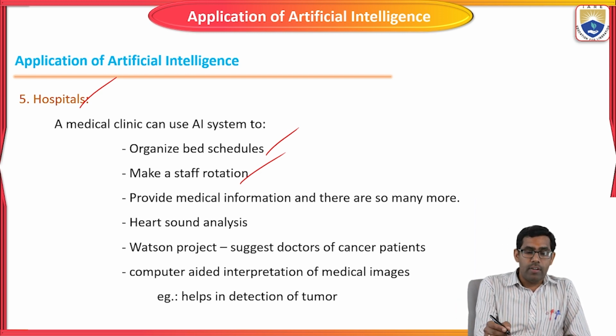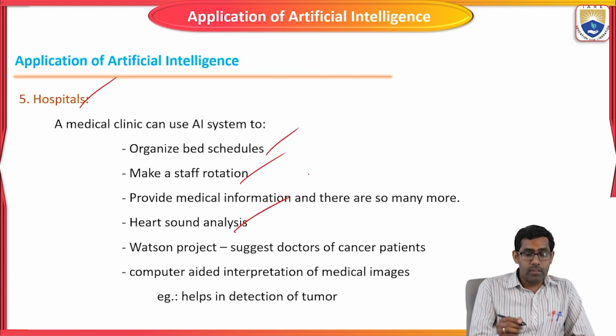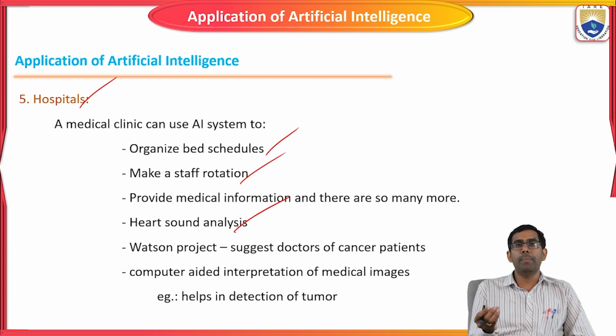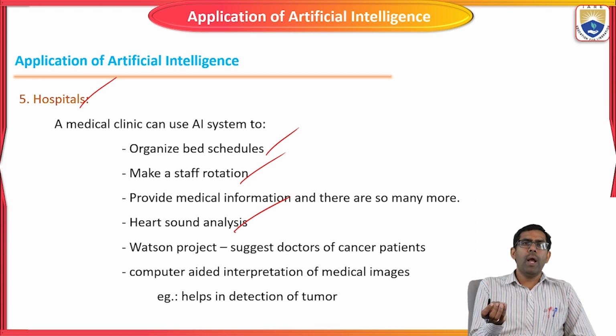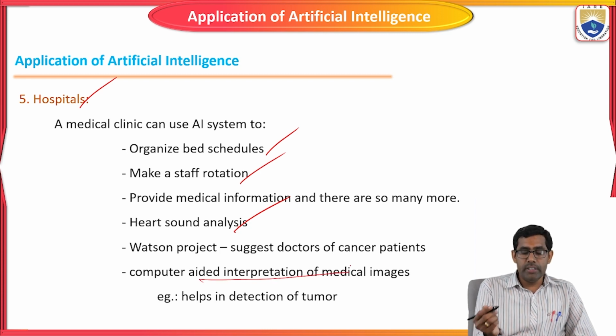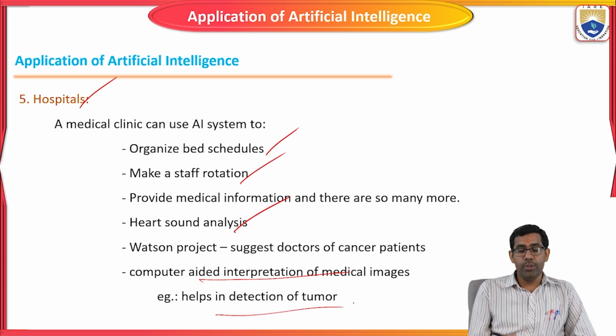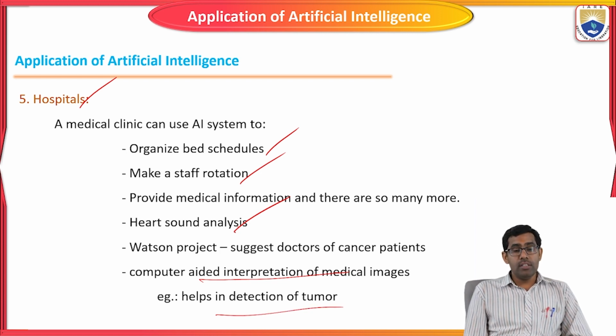There is heart sound analysis, and a project suggesting doctors for cancer patients. Nowadays doctors use artificial intelligence to predict heart conditions from medical images, and also to help detect human tumors, right? So these are some basic concepts of artificial intelligence in our day-to-day life.